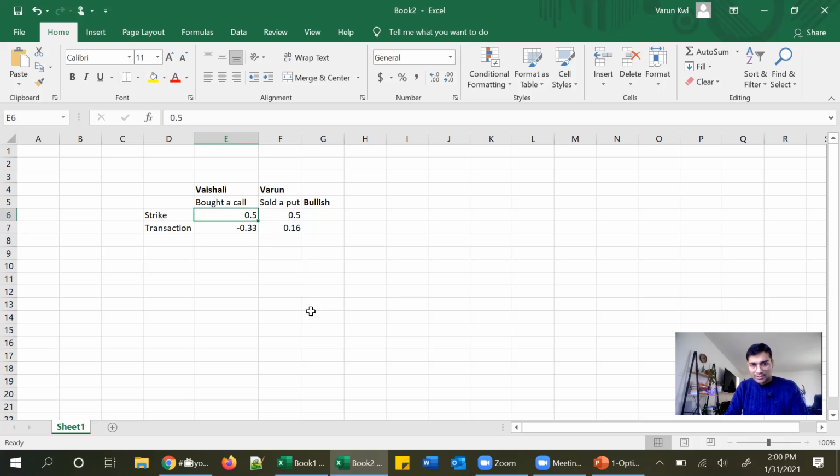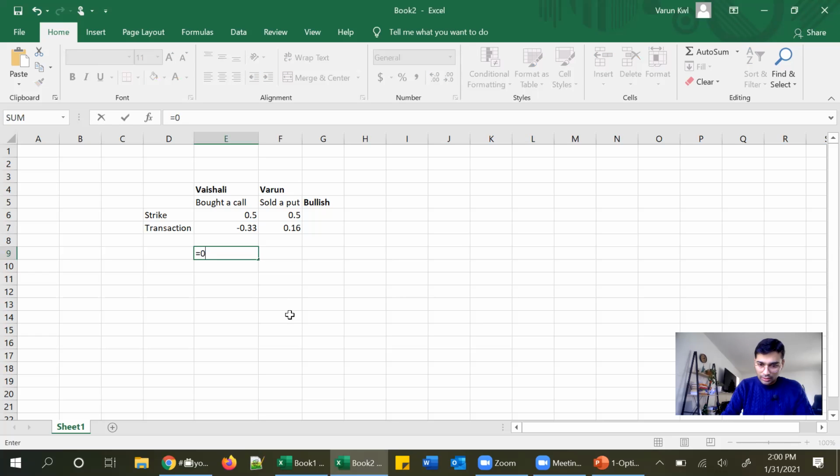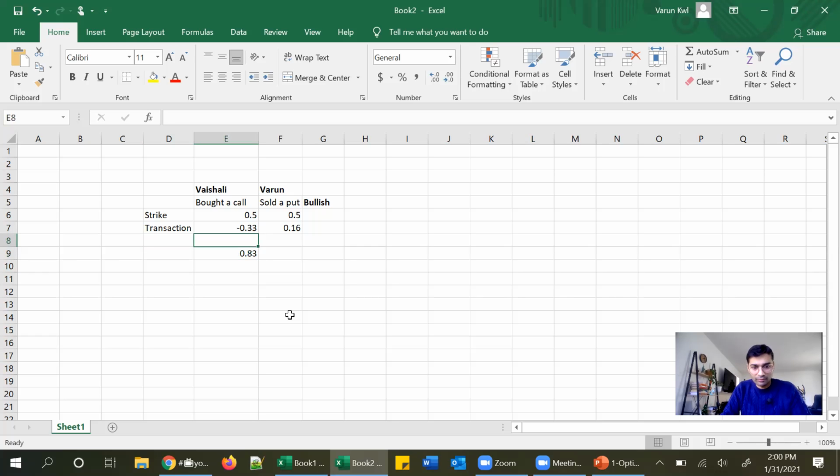If you observe, this is a difference. Both of us were on the same strike, but I am selling a put and Vaishali was buying a call. So for her trade to make money, the stock has to go above 0.83 by Feb 5th.